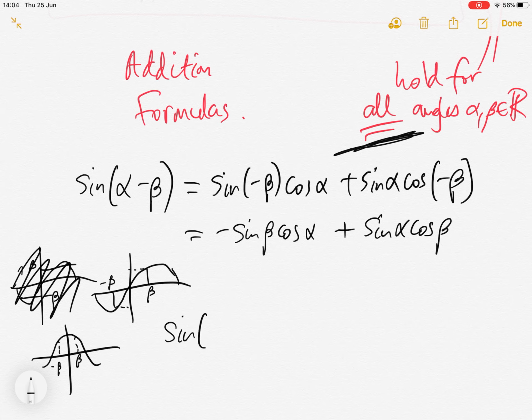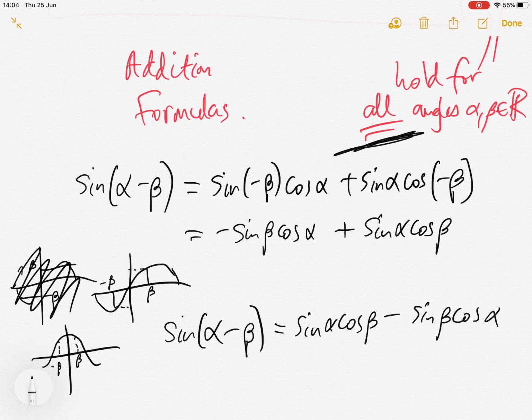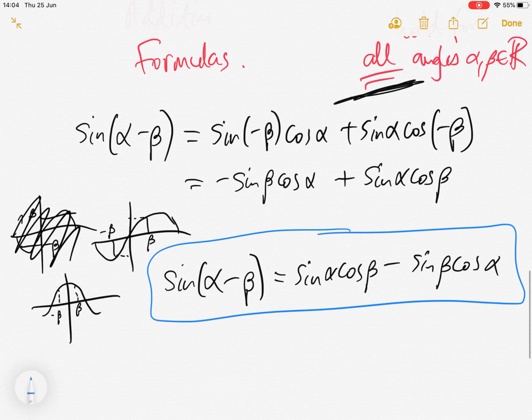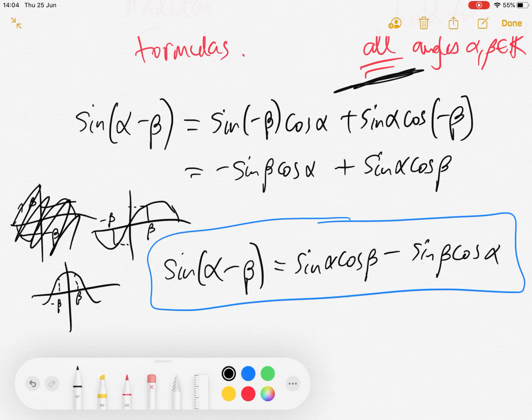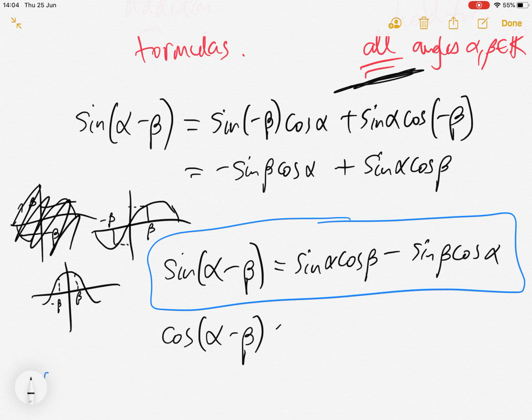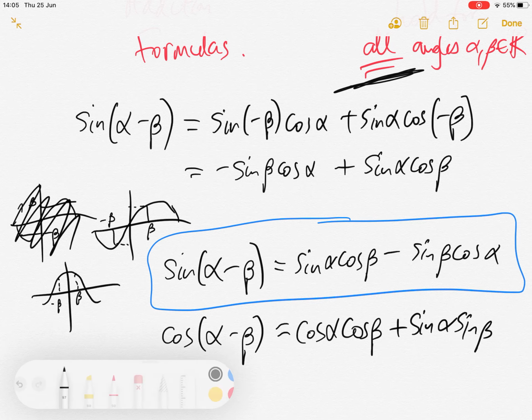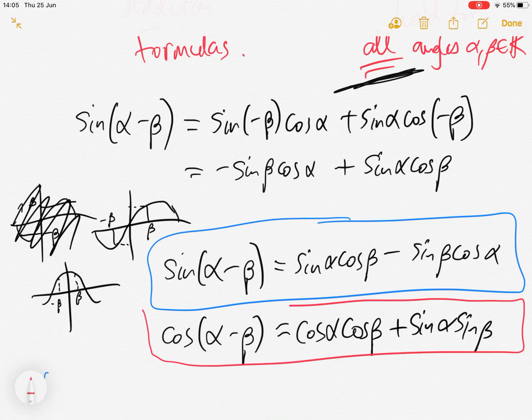So we have sine alpha minus beta is sine alpha cos beta minus sine beta cos alpha. So these are the subtraction formulas, and by the same reasoning, using these facts about sine and cos of minus beta, we get this time the sine of minus beta again becomes minus sine beta, so we get a plus instead of a minus. And that gives us the 4 formulas.